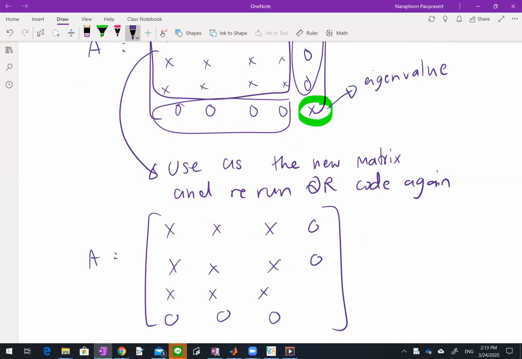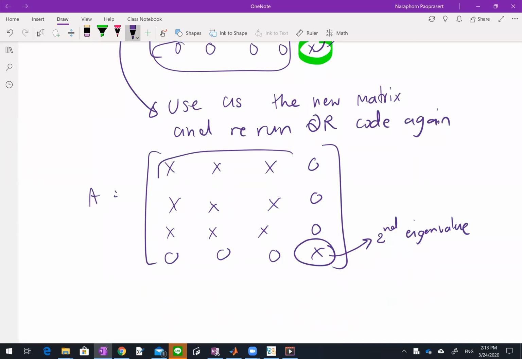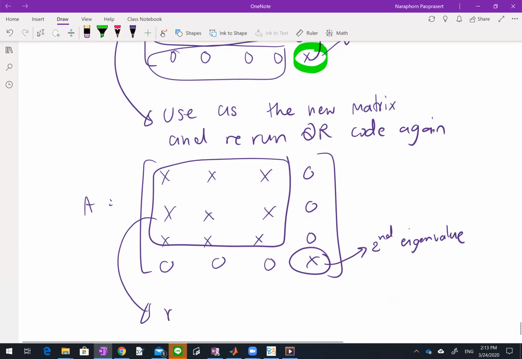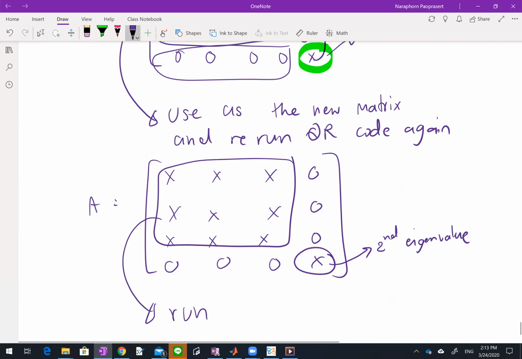And again, you get some number here. So this is going to be your second eigenvalue. And once you get the second eigenvalue, this 3 by 3 will be used and you run QR again.